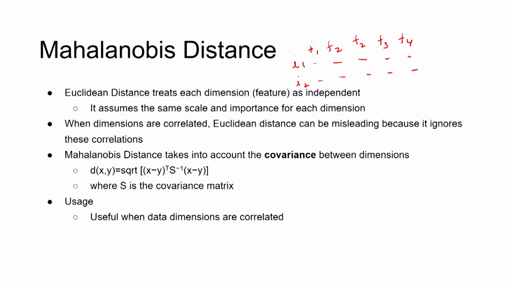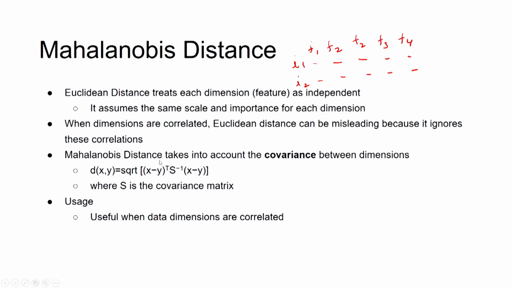When we want to calculate the distance between these two instances, your Euclidean distance assumes that all these features are independent, but if this is not the case, your Euclidean distance will not give you the actual distance measure or actual similarity or dissimilarity between these. So, to handle the case when your features are not independent, this distance metric is proposed.